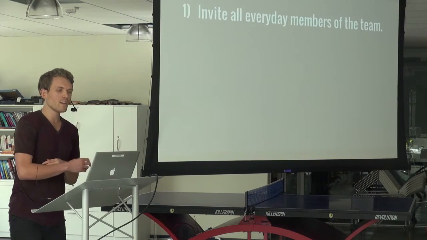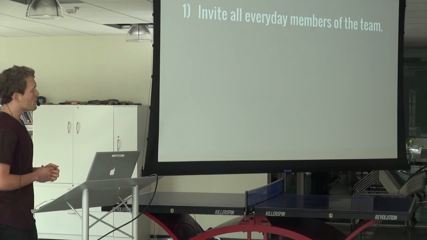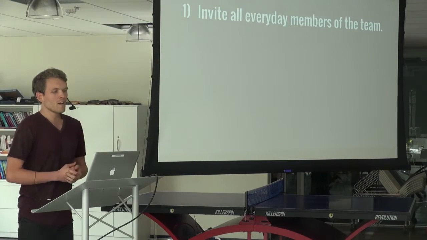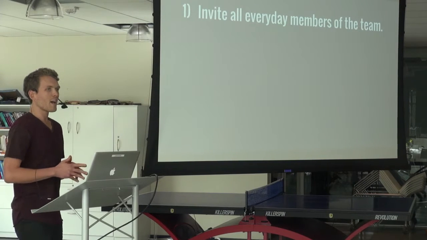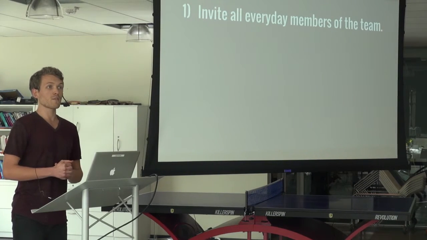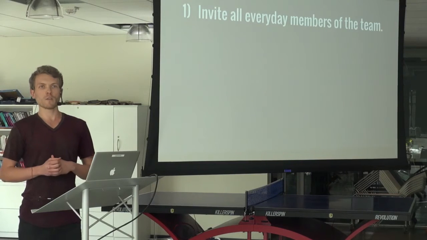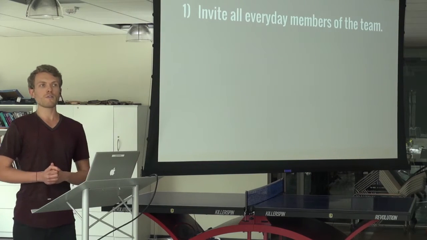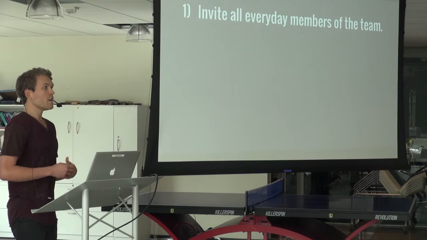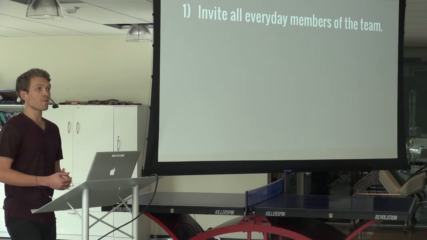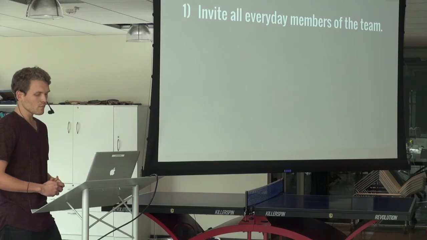Action item number 1. Invite all everyday members of the team. Everyone whose behaviors have direct impact on the performance of the team should be part of the retrospective. They should be part of the conversation for how we can change our behavior such that we can deliver more effectively in the next iteration.